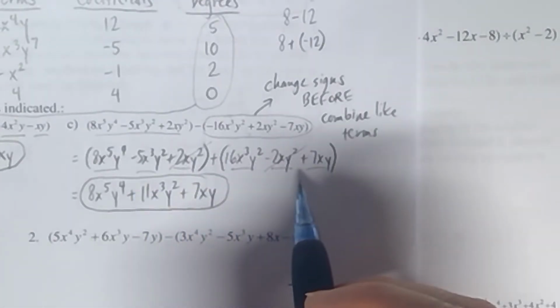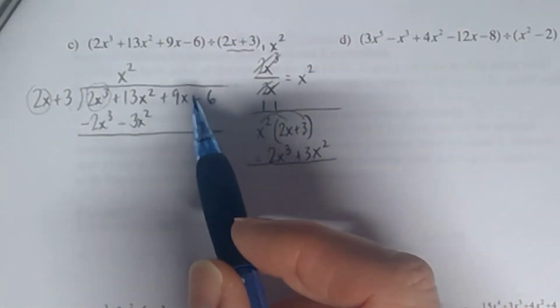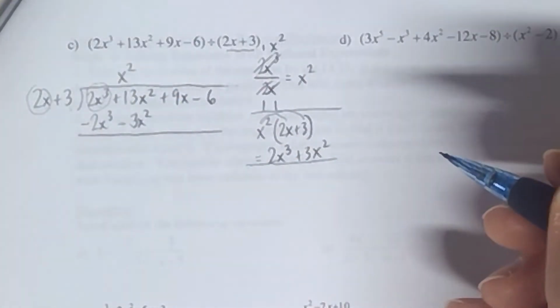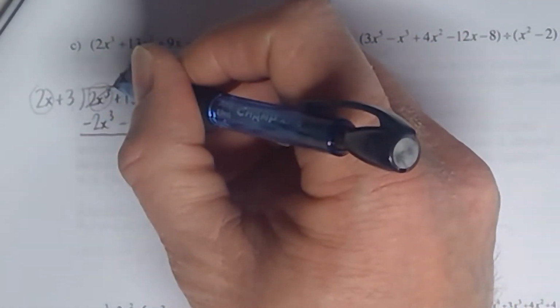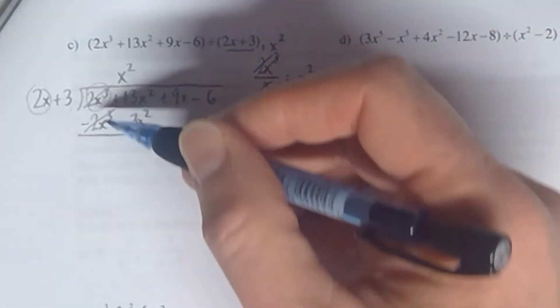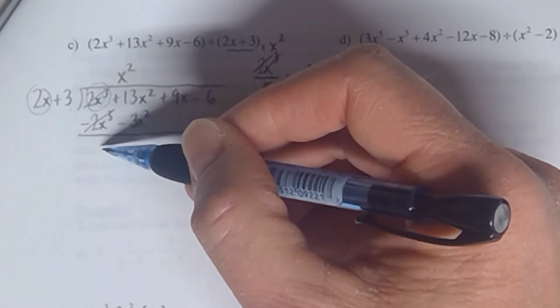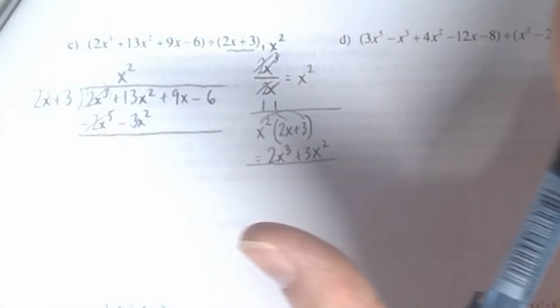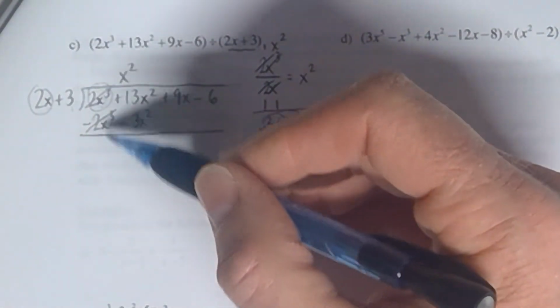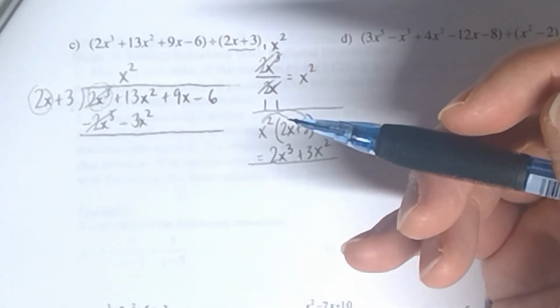We combine like terms. Same thing here, you guys. Combine like terms. Okay? If I combine like terms, I get, those cancel right there. Okay? This first column should always cancel, you guys. If it doesn't, something went wrong. That should always cancel when you get to this step where you combine like terms after you change the signs.